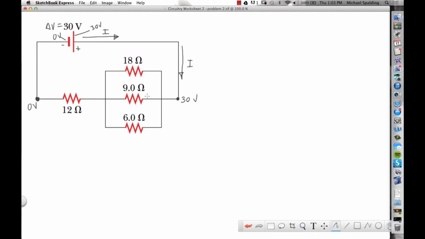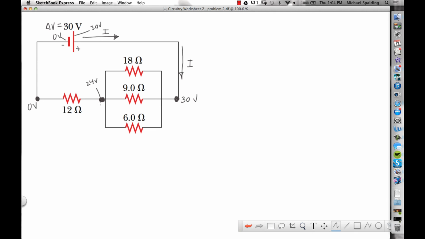As the current moves from this point to this point, there's going to be a drop in volts, and by the time we get over here, it's got to be 0. Does that make sense? I'm just going to tell you what this works out to be. This point right here turns out to be 24 volts.